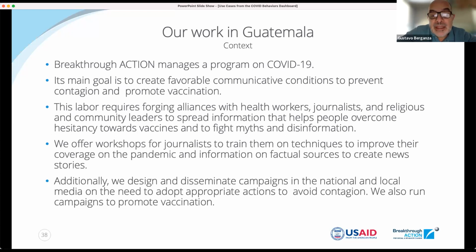We do that by trying to create appropriate communicative conditions, and this labor requires forging alliances with health workers, journalists, and religious and community leaders to spread information that helps people overcome hesitancy towards vaccine and to fight myths and disinformation.